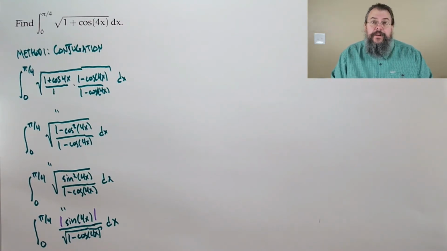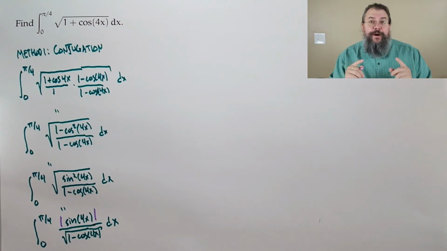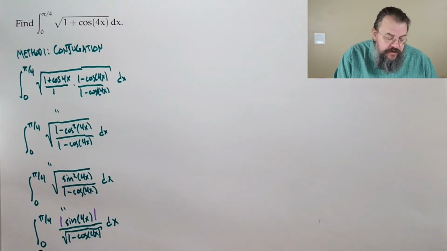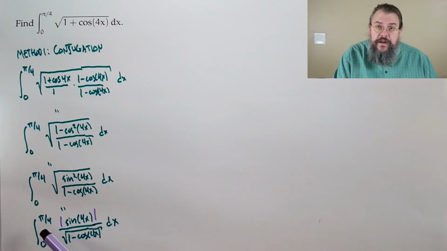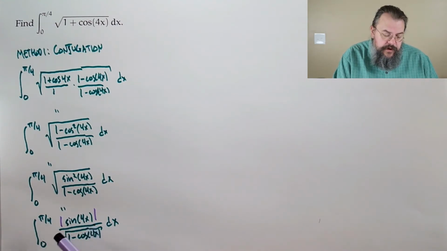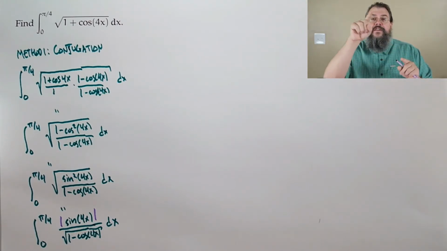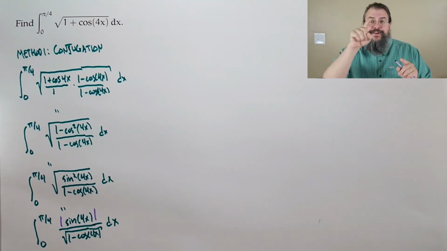Why not? Well, we have to ask ourselves the question, what's happening to sine of 4x in the range we care about? We only care about between 0 and pi over 4. So if you multiply by 4, we only care what's happening to sine between 0 and pi. Now, if you think of the unit circle, between 0 and pi, that's the top part of the unit circle.